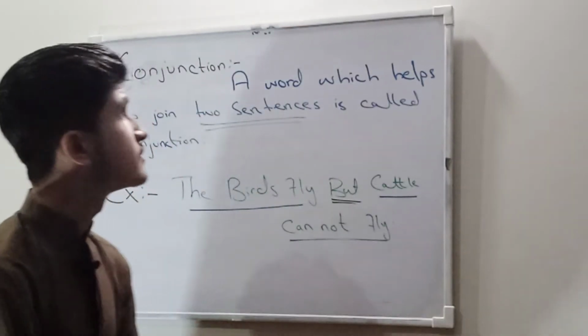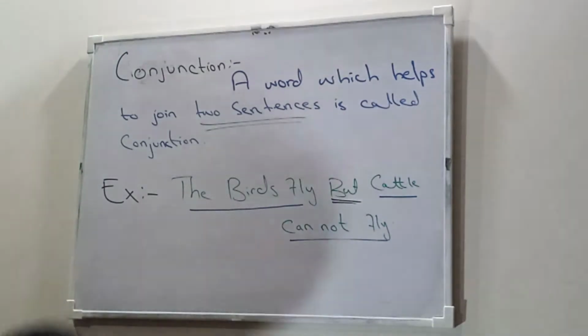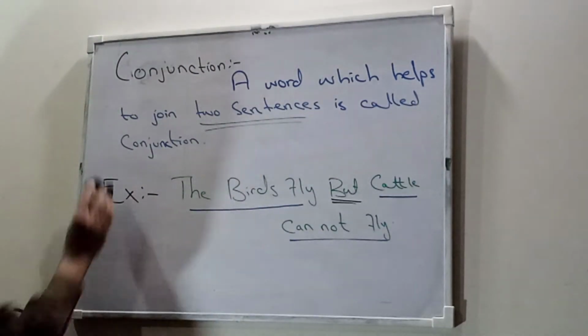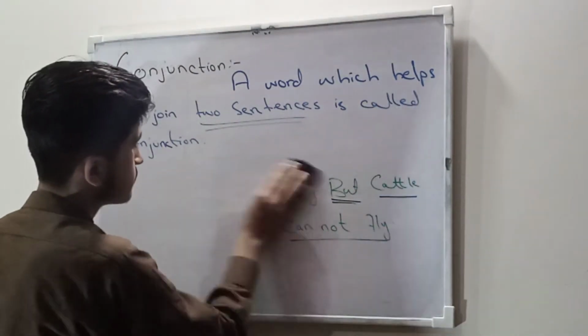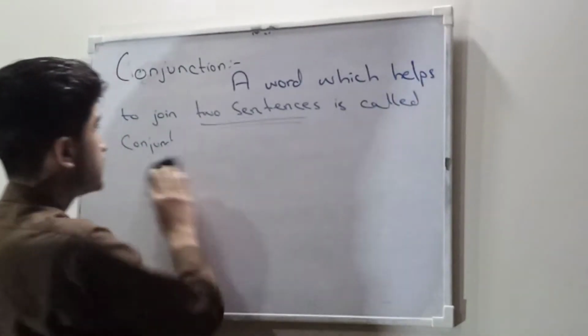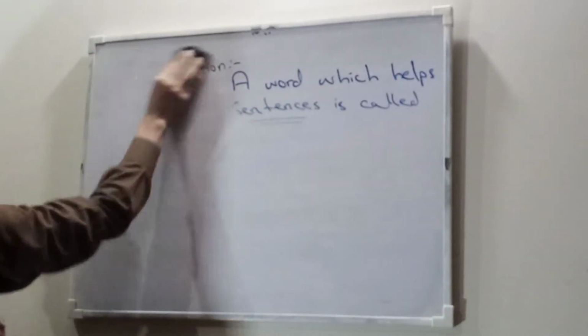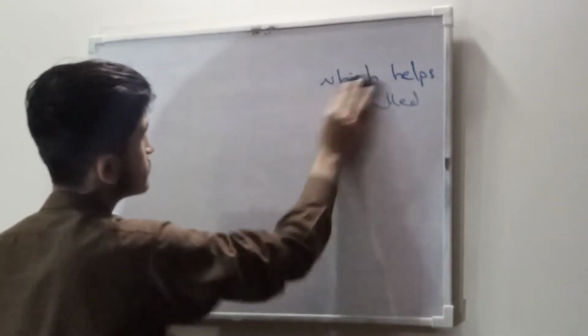Now dear students, we will study the types of conjunction. The first type of conjunction is known as cumulative conjunction.